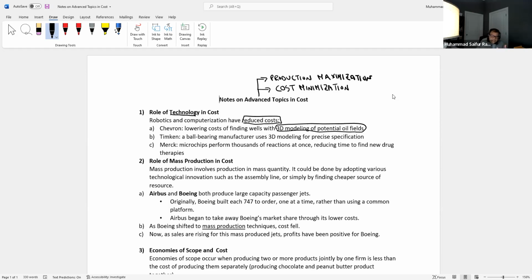I actually have seen some of these 3D models being created by some of my students when I was teaching in the Middle East. With this 3D modeling capable computer, you can simulate the topographical area of a region, and you can use statistical techniques to figure out the probability of finding oil in certain sectors of that 3D region. And this would significantly reduce your exploration cost, and exploration cost is part of the production cost.